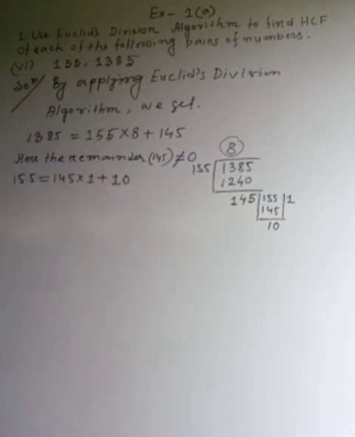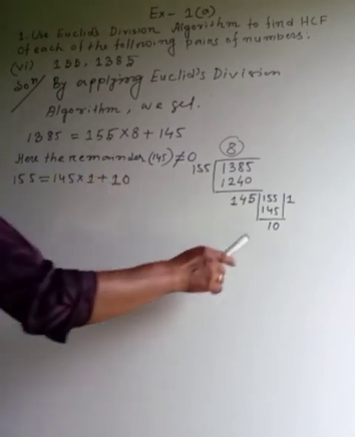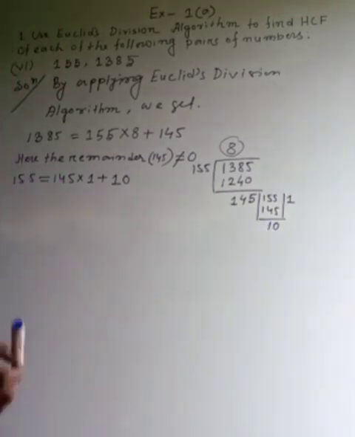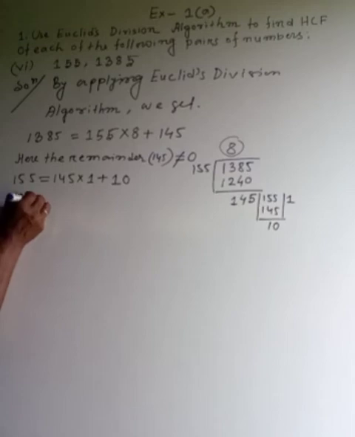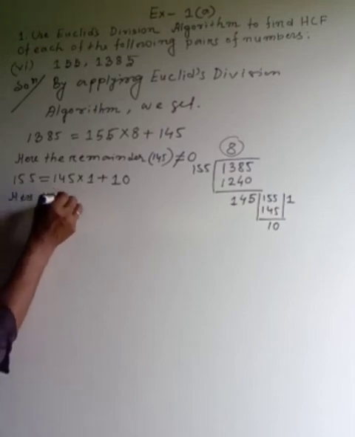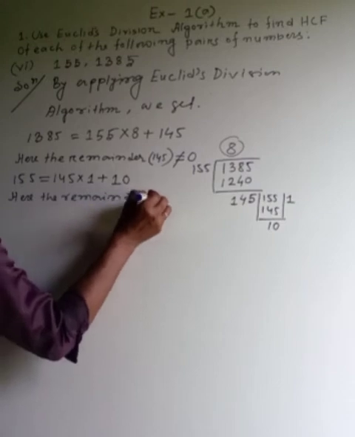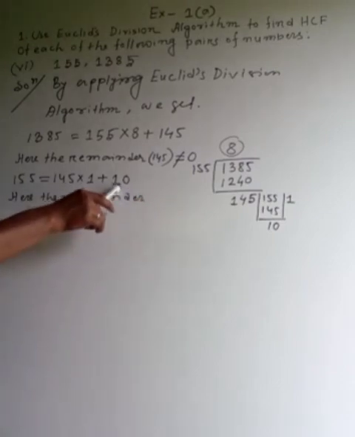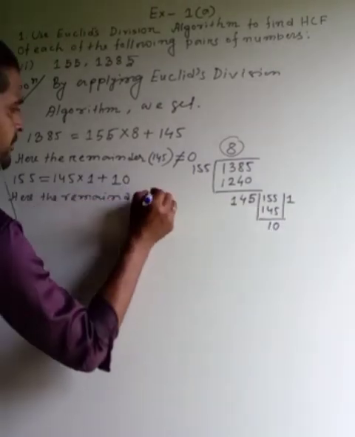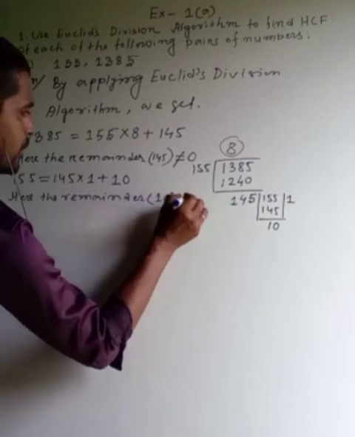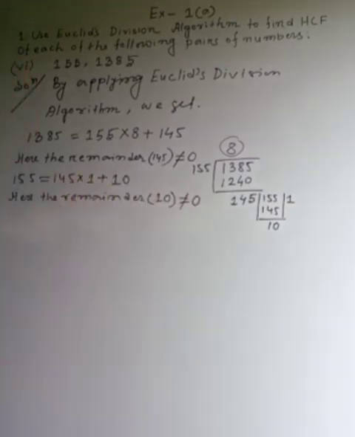It means now also we do not get the remainder as 0. So we can write again here the remainder. Here the remainder, how much you got? Remainder is 10. 10 not equal to 0.